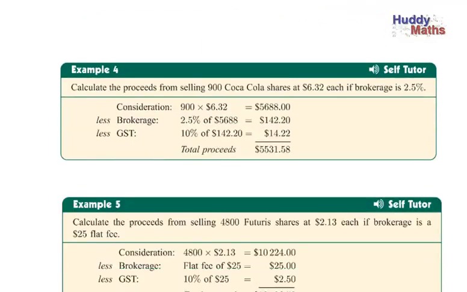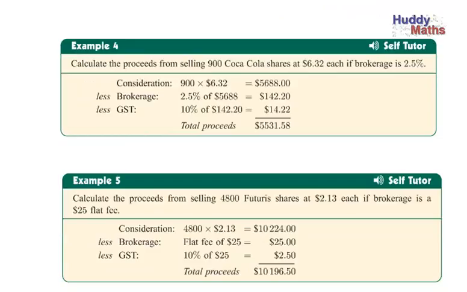So here's a couple of examples from the Hayes and Harris General Maths textbook. Okay, so grab that and have a look at it. Calculate the proceeds from selling 900 Coca-Cola shares at $6.30 each if brokerage is 2.5%. Consideration as before, 900 by $6.30. That's what you're considering selling them for.